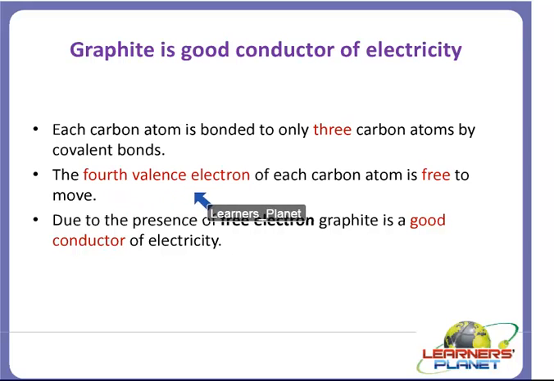Now the 4th valence electron of each carbon atom is free to move. Right? That electron is moving between the shells. Now due to the presence of the free electron, graphite is a good conductor of electricity.